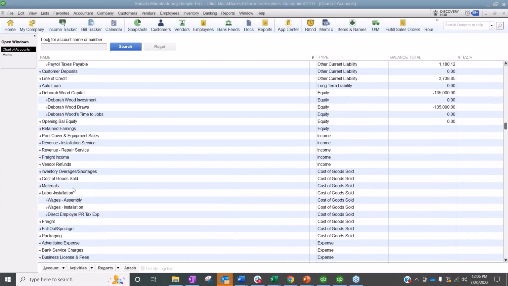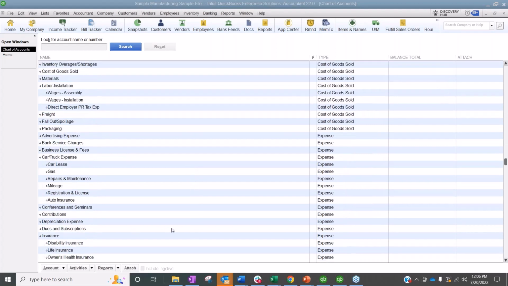That kind of stuff we can still report on, but it doesn't need to reside in our chart of accounts. There are other features such as classes, custom fields, and of course, item profitability reporting that they can use to still get the same information, but we can reduce that number. So that's usually what I look at. On the expense side, it's more looking at how much are we breaking it down?